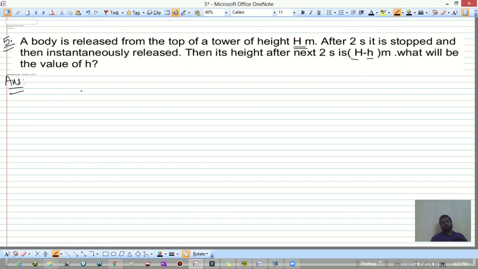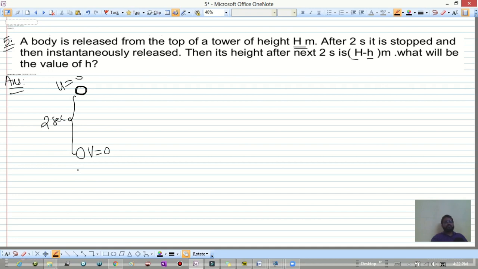Okay, a body is just released, that means initial velocity is 0, from the top of the tower. After 2 seconds it is stopped, that means at this point again velocity is 0, and then instantaneously released.